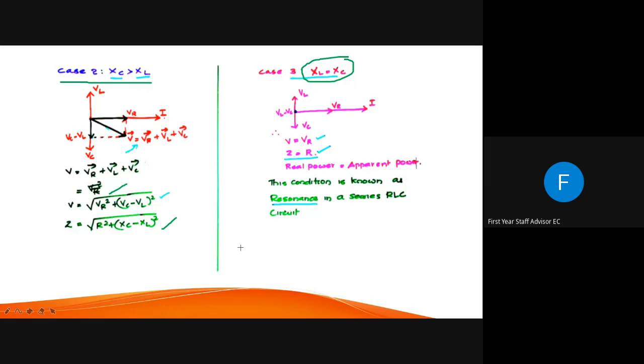So this condition is called resonance. So at a particular frequency, when you are operating an AC circuit, the reactance of capacitor will be equal to reactance of inductor. So at that time, the circuit behaves like a pure resistive circuit. This condition is called resonance.